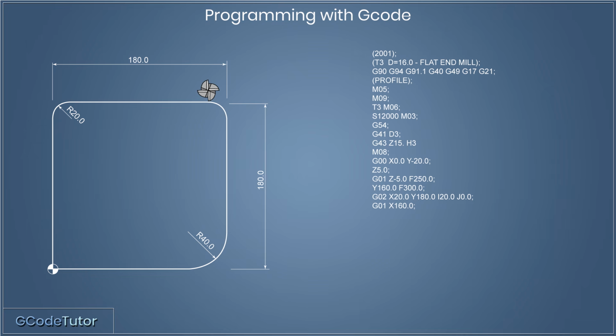We need to declare G01 again as the previous line had G02. So we told the machine we were cutting radial, now we need to tell the machine we're cutting linear again. So we just need to give it an endpoint in the x-axis. We don't need to tell it the y position because it assumes it's not moving in y if we don't give it a dimension. And that takes us up to the beginning of the next radius.